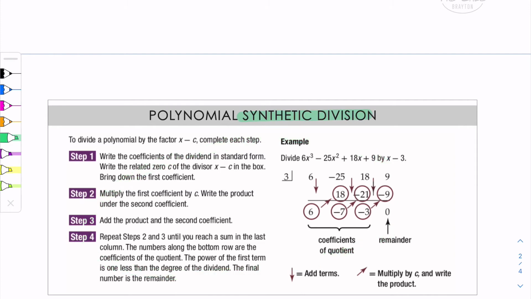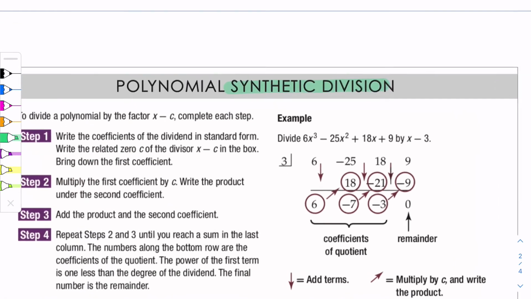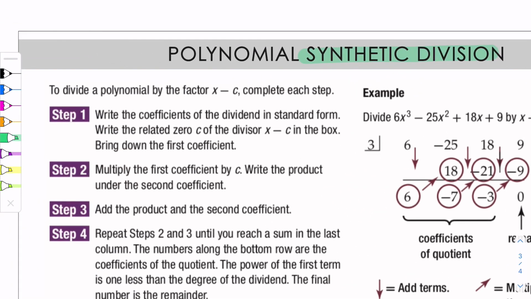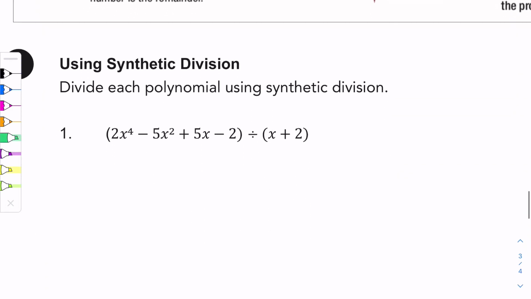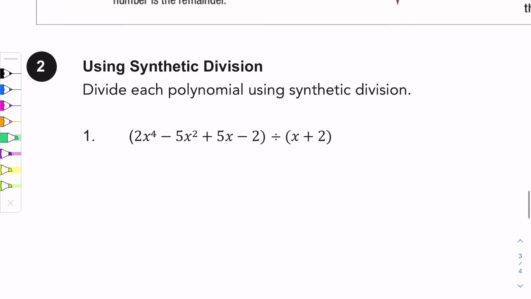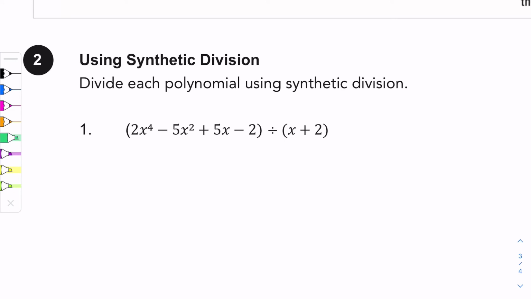The only thing I want to point out is that when you are using synthetic division, you are in standard form dividing by the factor of x minus c, which means it is just a single linear factor. Okay, so you can read along with the directions above. I'm just going to explain as I go through, and hopefully you can follow along with all of the steps.